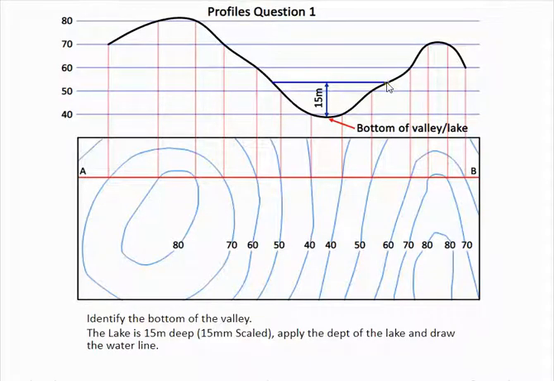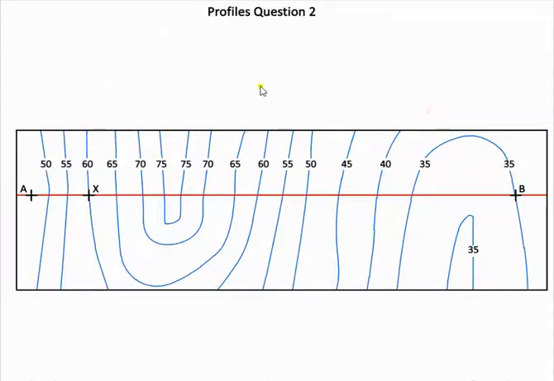So you can identify how much of the land is covered on that profile. For example, if we bring this point down here, this is where the edge of the lake is, and your feet are going to be dry in this section and wet in this section here.